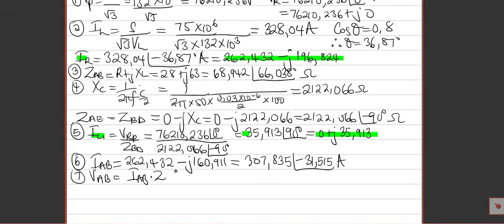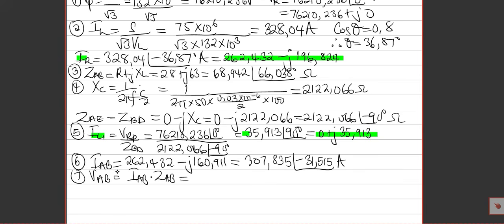VAB equals IAB times ZAB. Your actual marks are in the final answers for this whole calculation, but we're still encouraging you to substitute wherever possible.